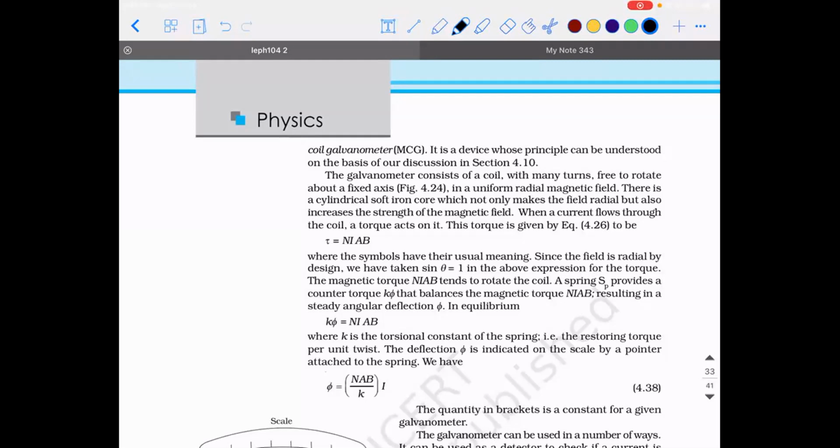Could you repeat it again, sir? I'm saying when a current carrying coil is placed in external magnetic field, it experiences torque.